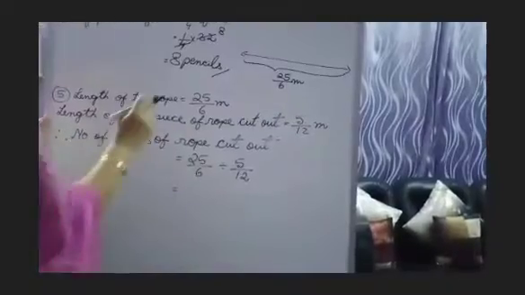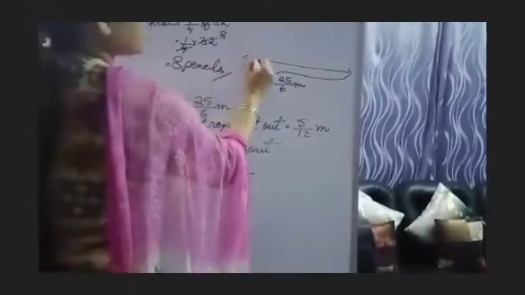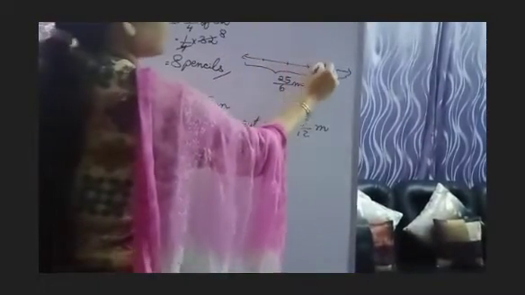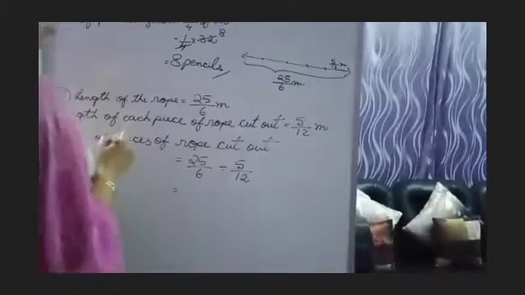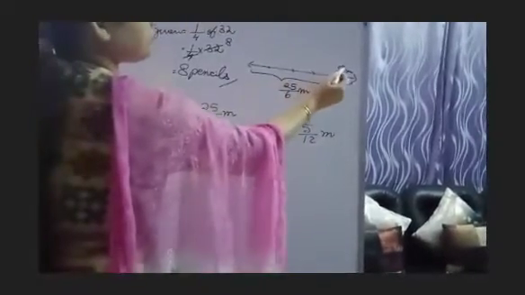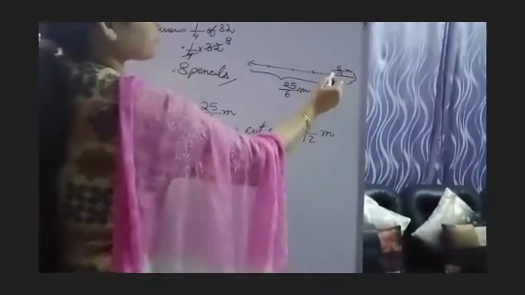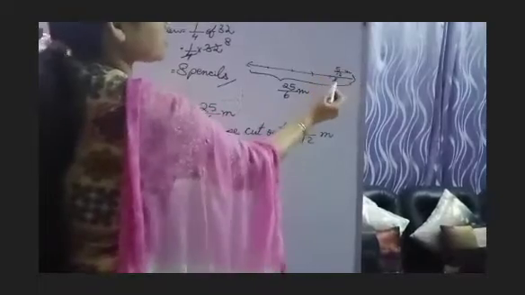Suppose I start cutting this rope into pieces of 5 by 12 meter. Now they are asking how many pieces can you cut if you start cutting pieces of this length?